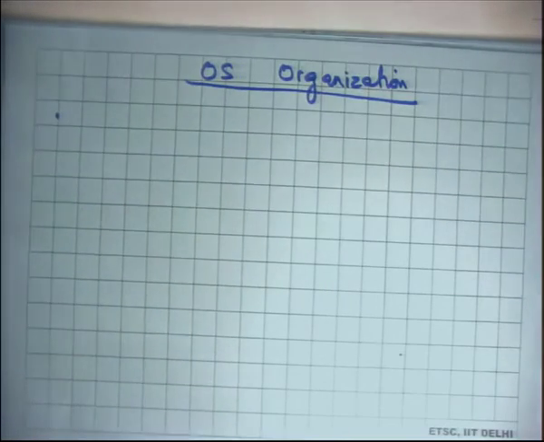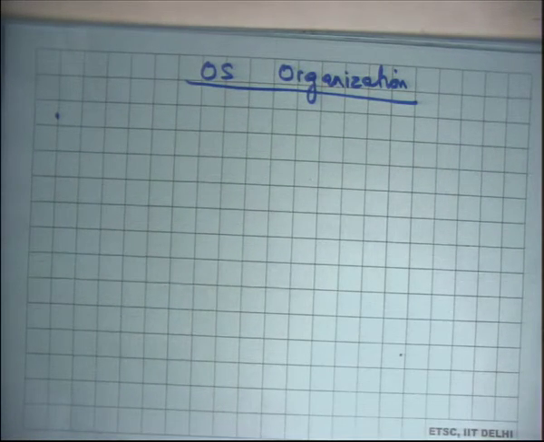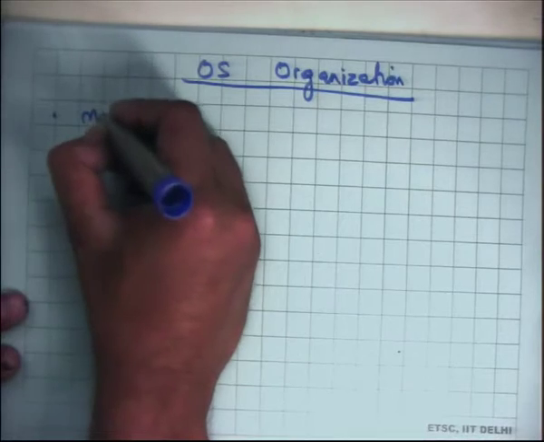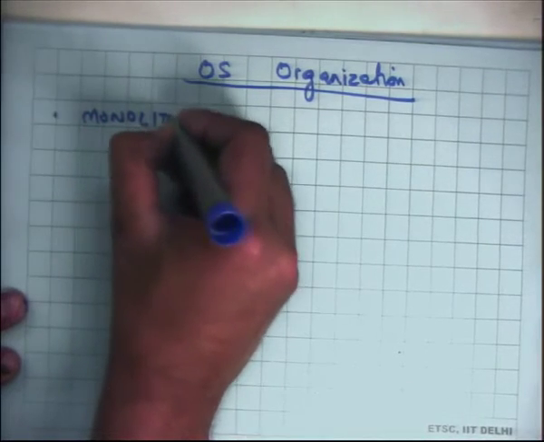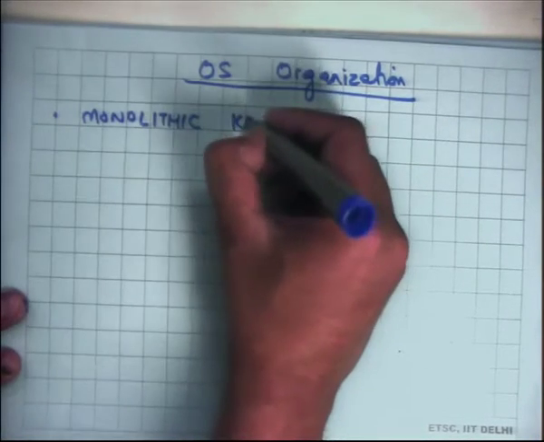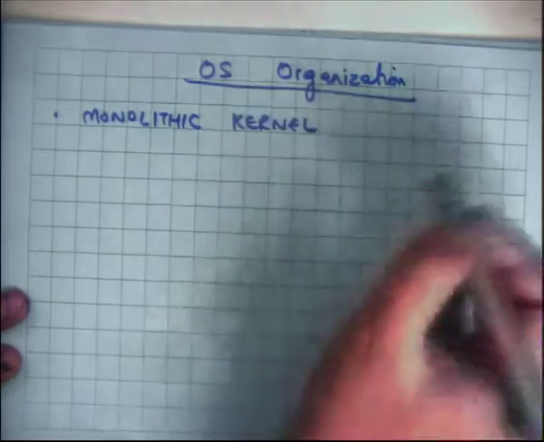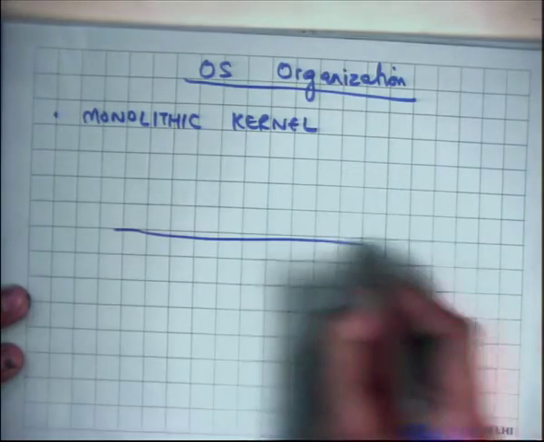So far we had been looking at the Unix model of an OS, and this model is also called a monolithic kernel. Why is it called a monolithic kernel? Well, it looks something like this.